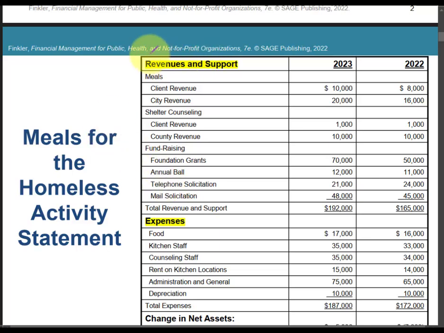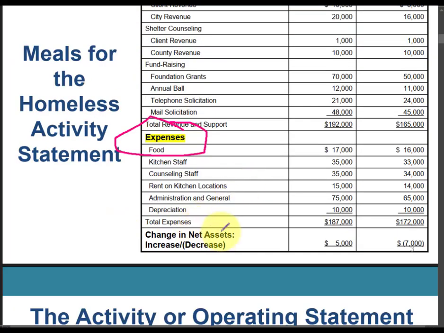Now, the basic format of any of these income statements is generally the same. There's your revenue or other forms of support, which might be grants in health and public agencies. And then you have your expenses down below, and any change there might be called profit, surplus, or even net change in assets.